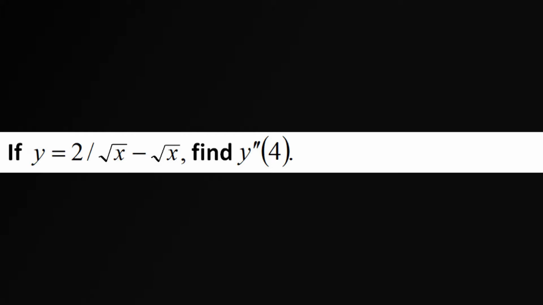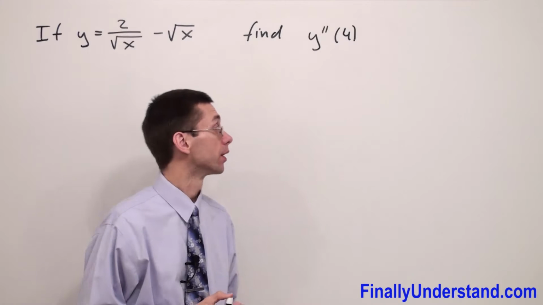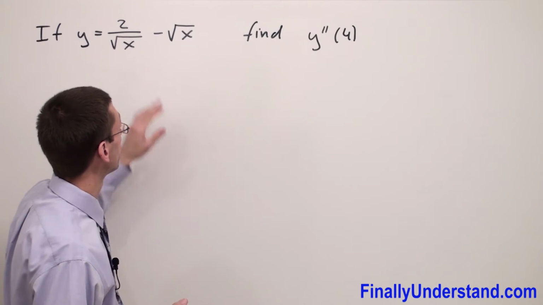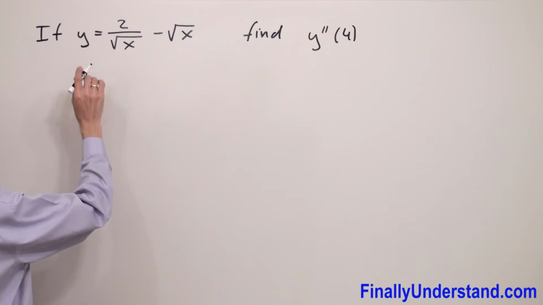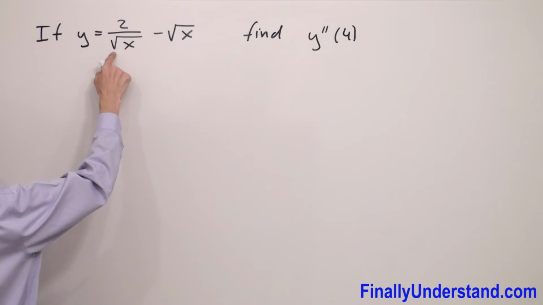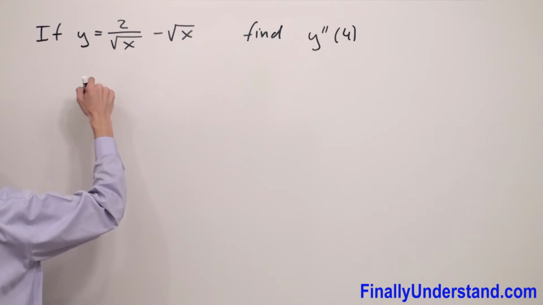Before we look for the derivative of the given function, we're supposed to rewrite this function by changing the square roots to exponents.